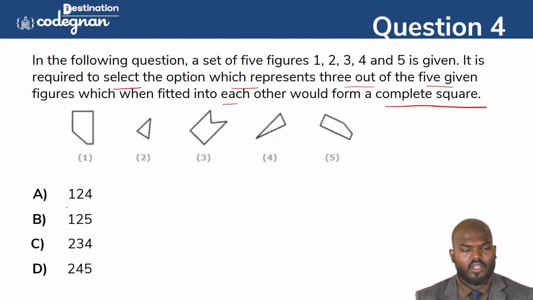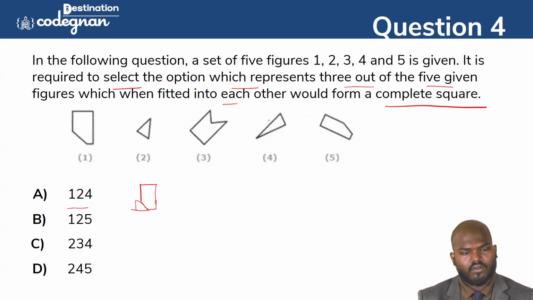Okay, so we have the options. First of all, 1 2 4 is here. I'm taking the 1 2 4. So 1 is like this. Okay, so 2 is what? So 2 is like this. If you combine this one, it will come like this.